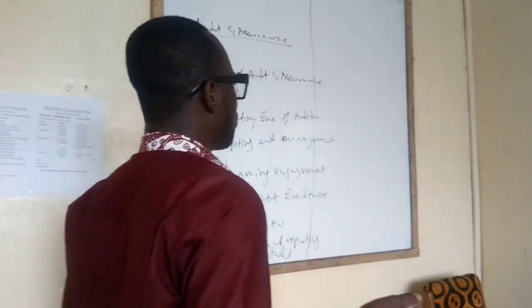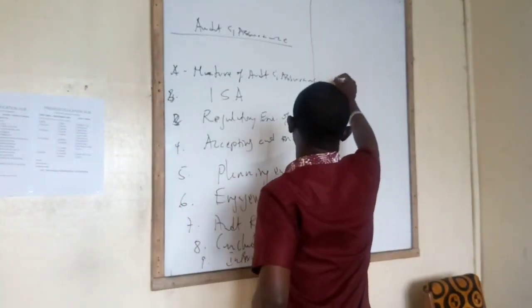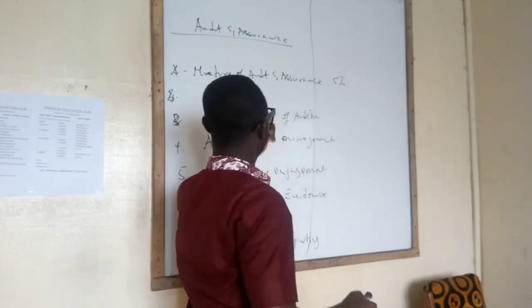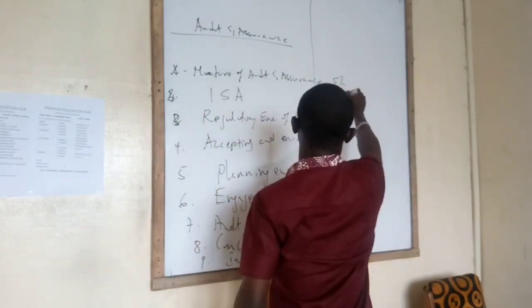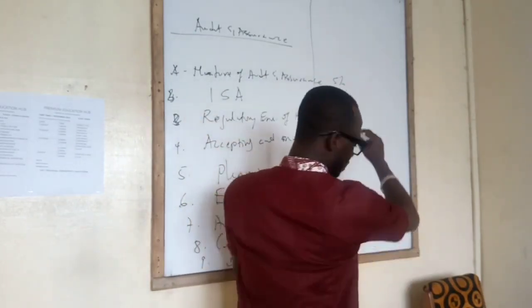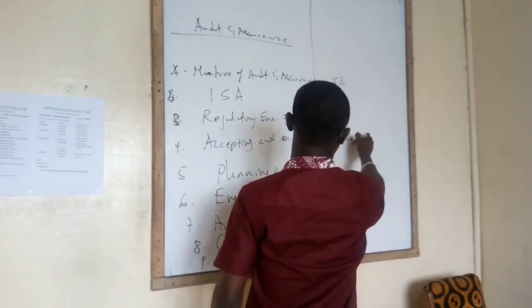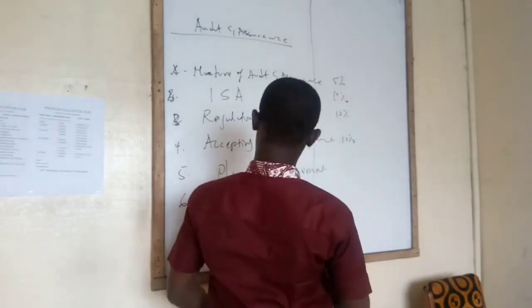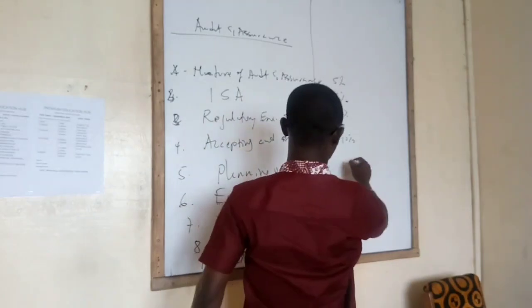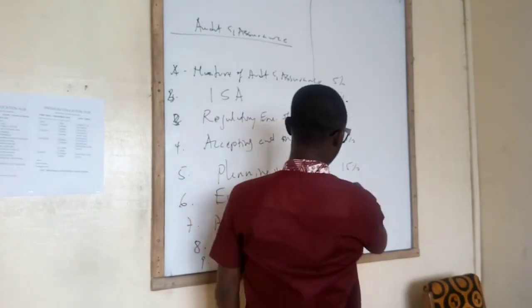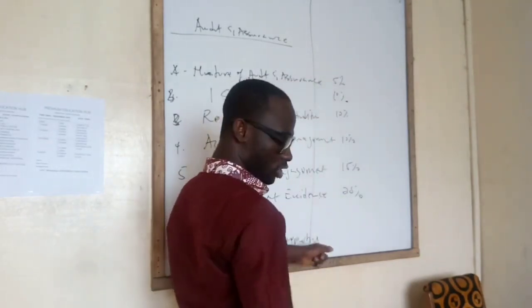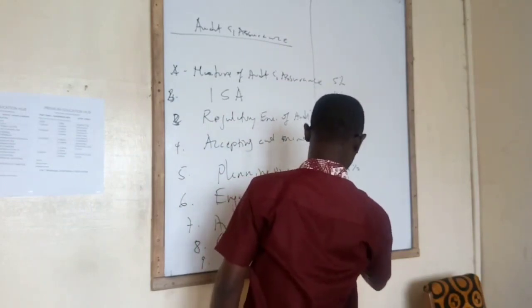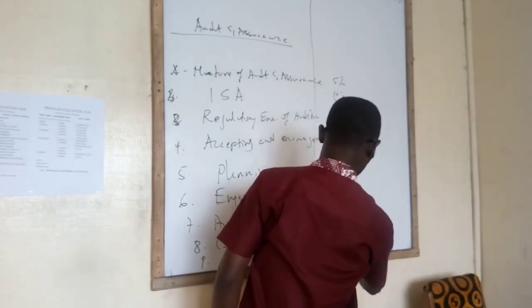For concentration-wise, this is just 5% of the syllabus. This is 10% of the syllabus. This is 10%, 10%. Planning and engagement is 15. Audit evidence, 20%. Audit review, 10.